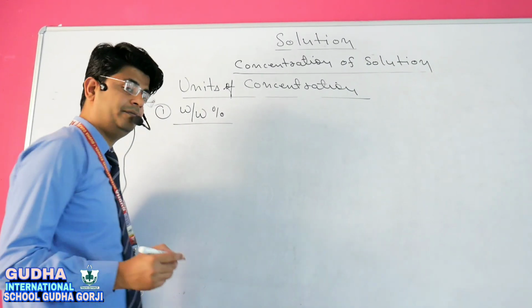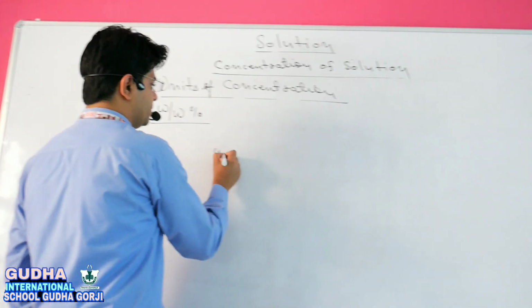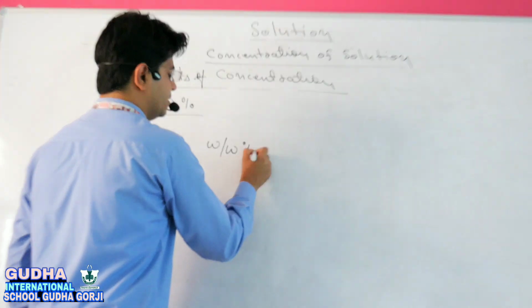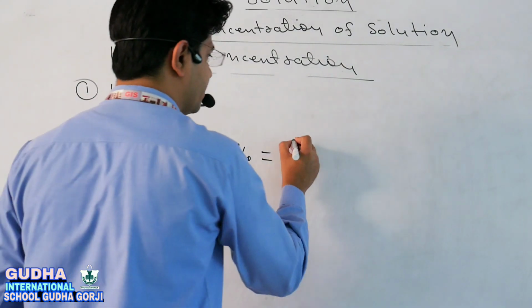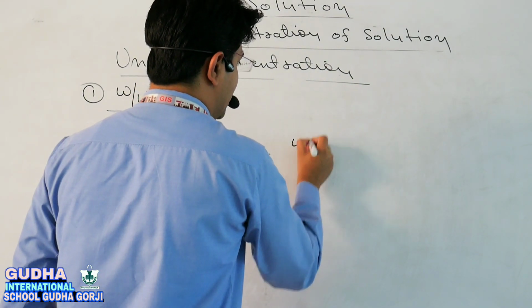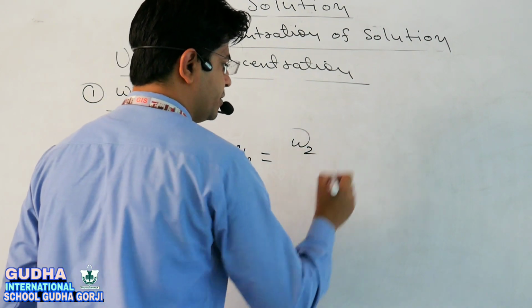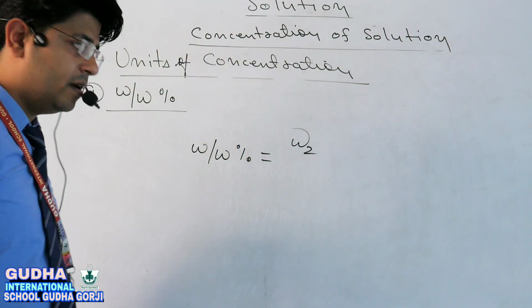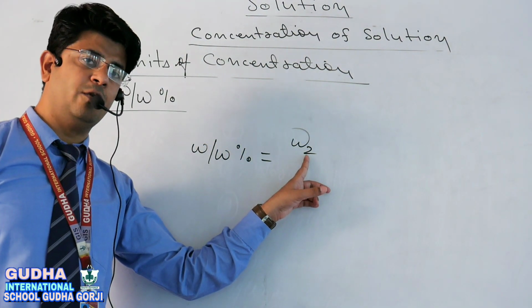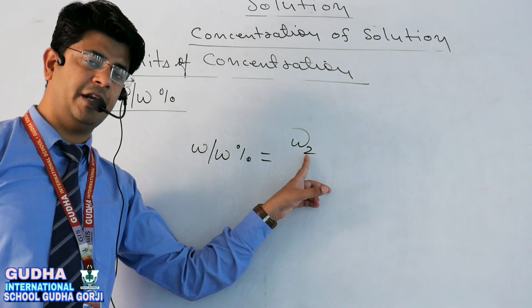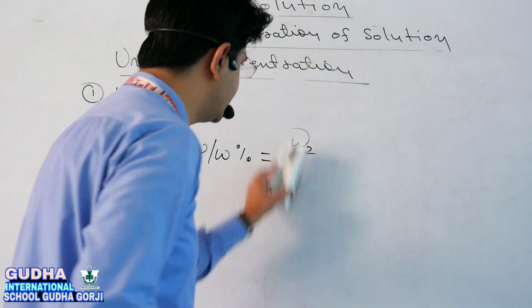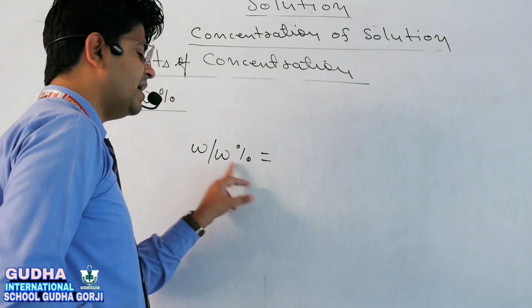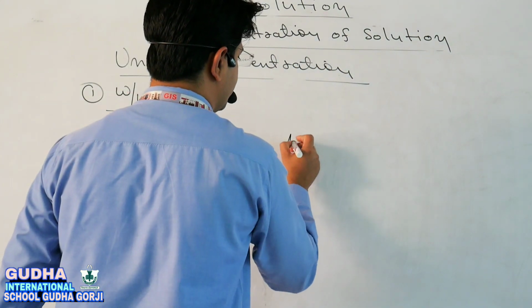Let's see kids. Mass by mass percentage equals mass of solute, upon mass of solution, multiplied by 100. For the solute we will use 2, for the solvent we will use 1.